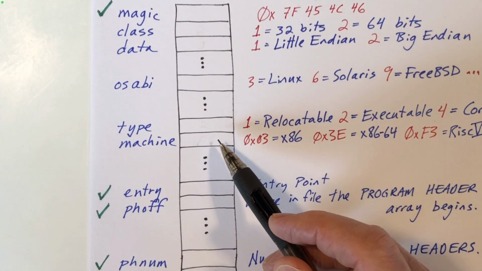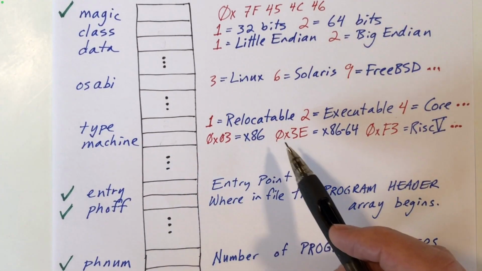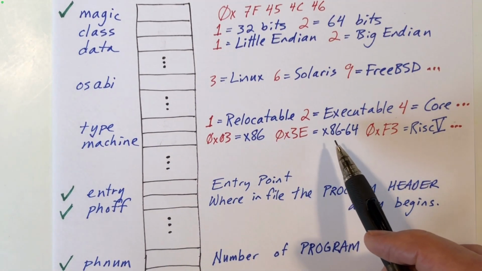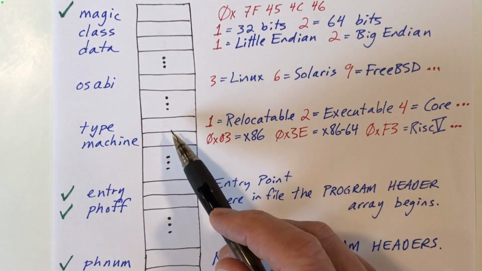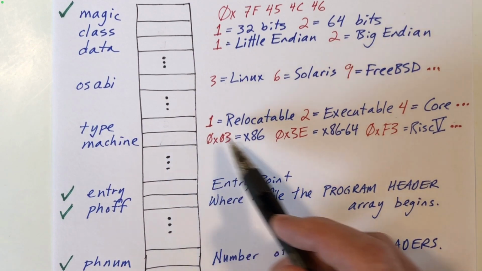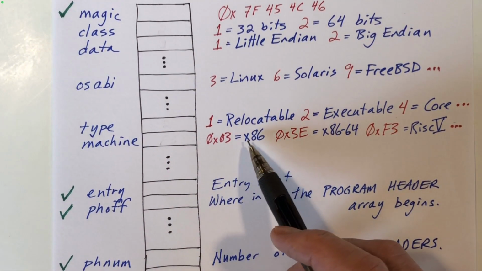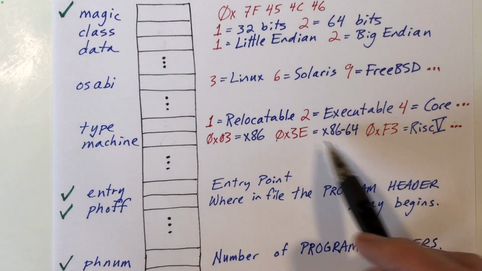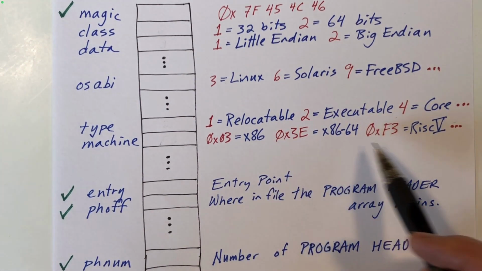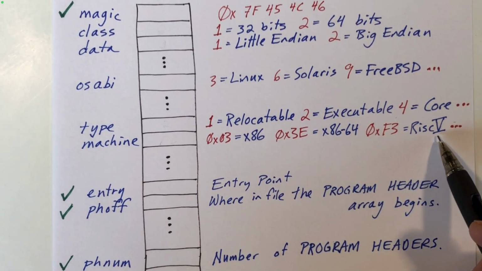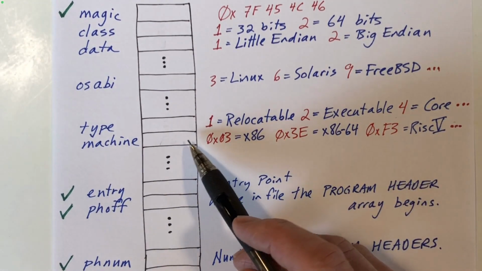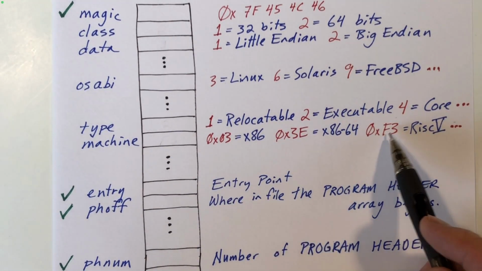The executable code could be for one kind of processor or for another kind of processor, and this field called machine indicates whether it's, for example, the x86 architecture or the x86-64 architecture. There's also a code for the RISC-V architecture, so we would expect this field to contain hex F3.